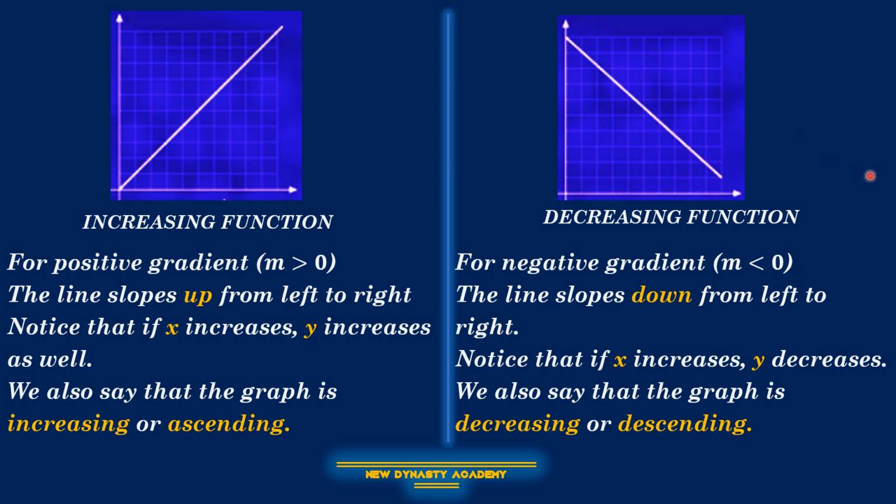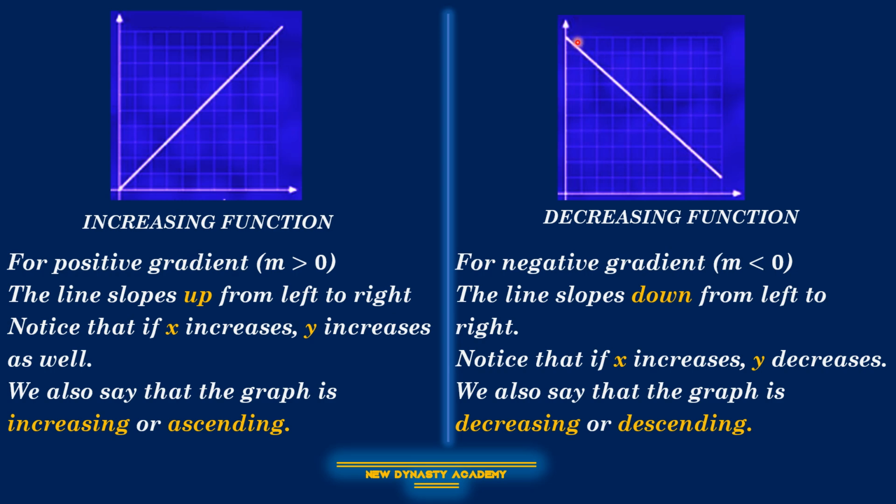Now moving on to the right hand side, here we call this the decreasing function for the negative gradient. Now what you see here is the line that slopes downwards from left to right. As I said, you always read your graph from left to right. So from left to right, you see that it is sloping downwards. Now notice what is happening when you're moving down from the left to the right hand side.